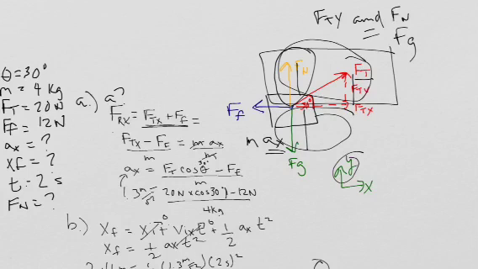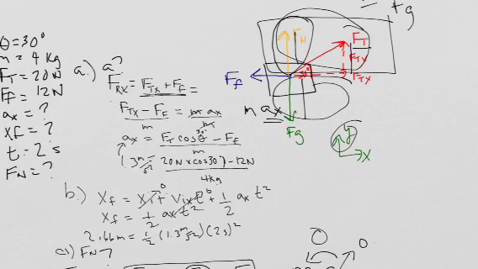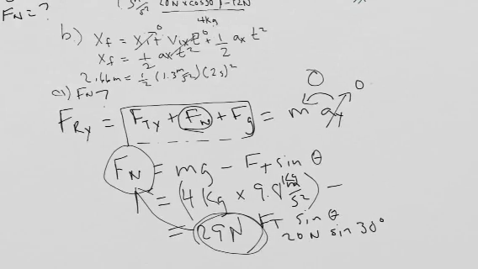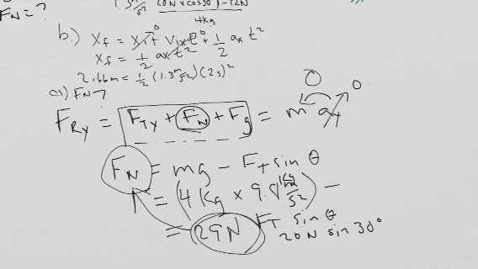The sum of all of the positive y's must equal the sum of all the negative y's. So this is why your actual normal force down here is smaller than the force of gravity, because the sum of Fn plus Fty is going to be equal to Fg.